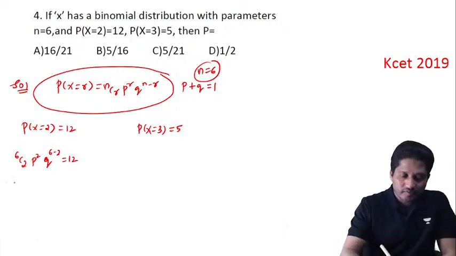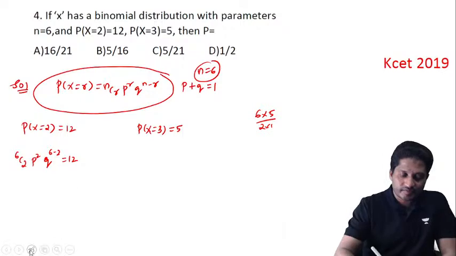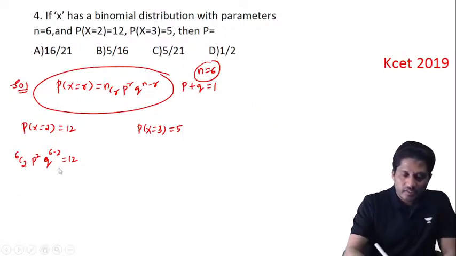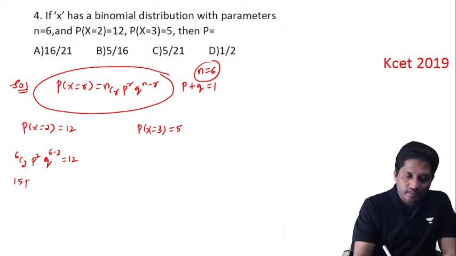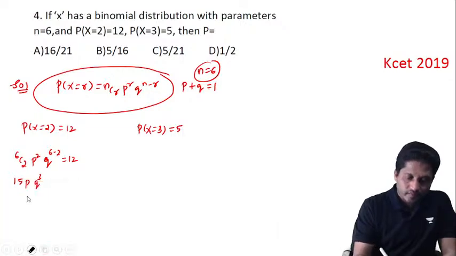And 6C2 is 15, right? 6 into 5 upon 2 into 1, 6C2 is 15. 15 p square q cube is equal to 12.